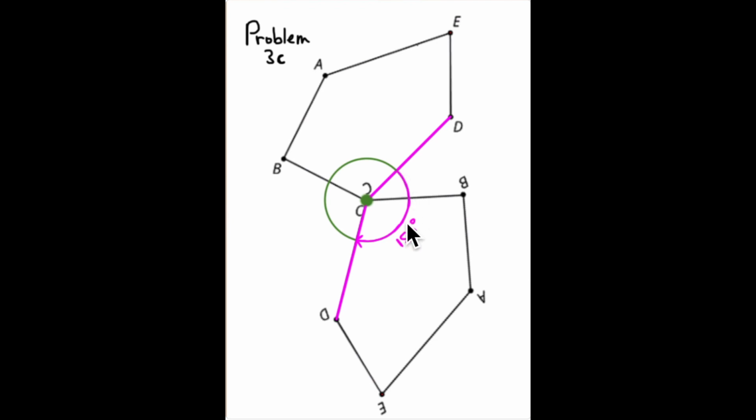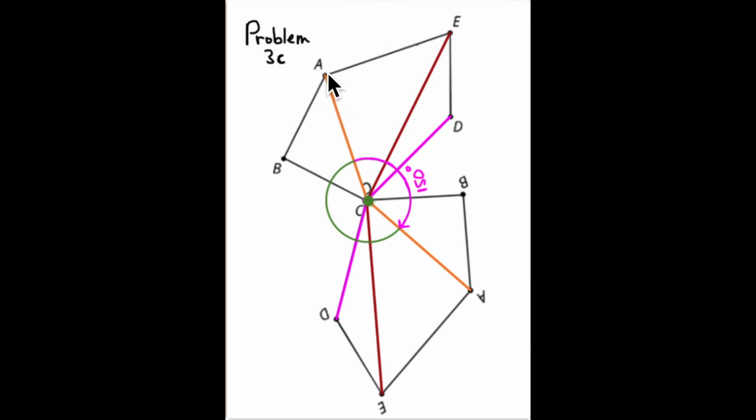So if I draw the 150 degrees here, line segment CE is also going to rotate 150 degrees to here. CA will rotate 150 degrees to right here. And CB will rotate 150 degrees to right here.